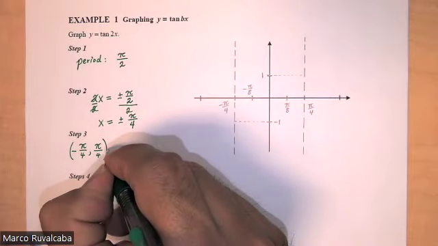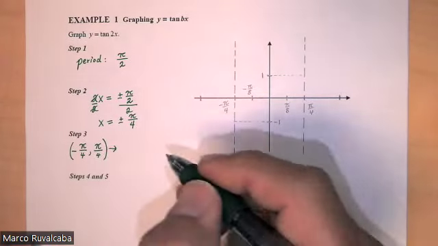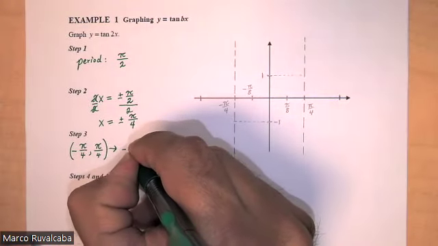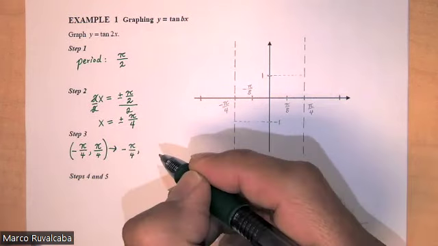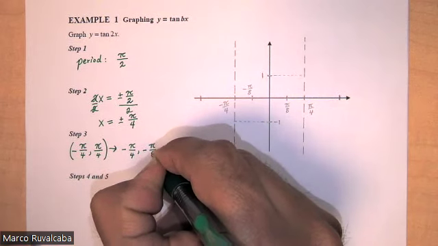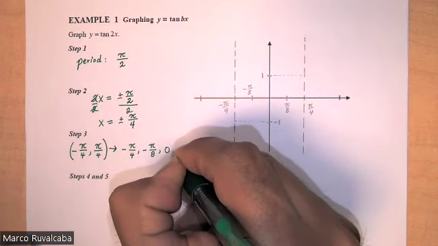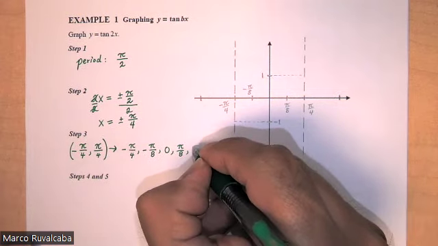So your 4, or your 5 if you count the first one, endpoints are from negative pi fourths, and then you add pi eighths to that, which will give you negative pi eighths, and then add pi eighths to that, which is 0, and then pi eighths, and then finally pi fourths.